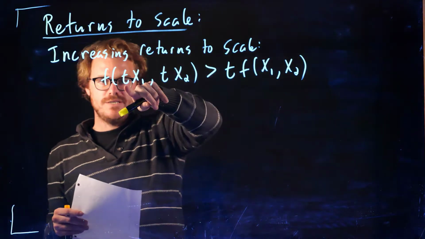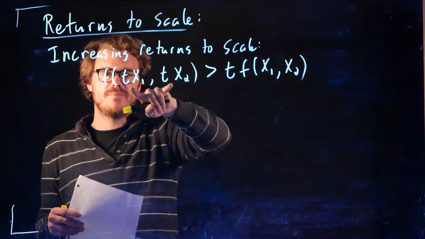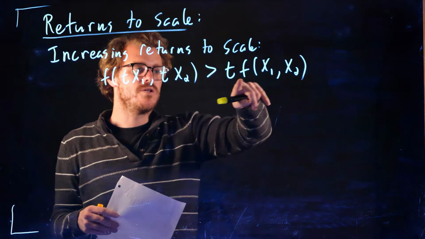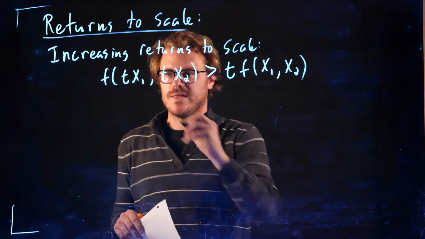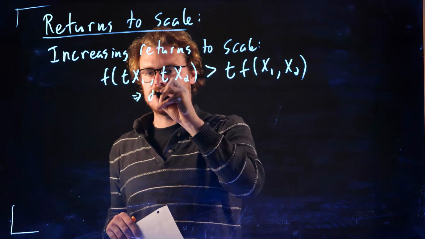So doubling the amounts of inputs is going to produce more than double the amount of output that we produced before.